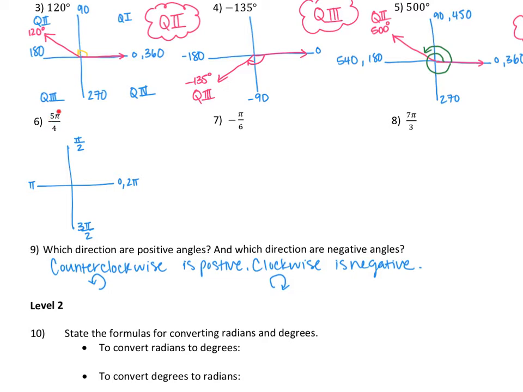So that's why this is 2 pi. From here, let's figure out where to locate 5 pi over 4. So you might have to switch your common denominators to figure this out. So if we look at 5 over 4, 5 over 4 is bigger than 1 pi.